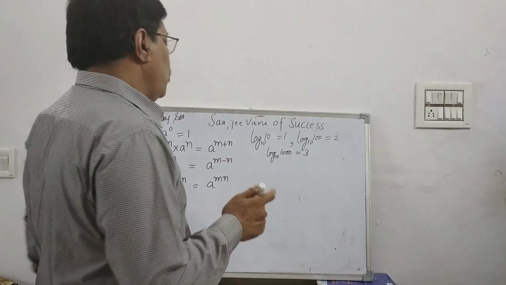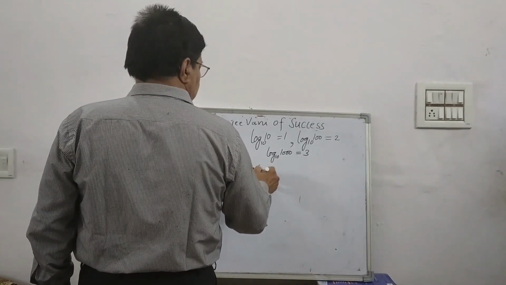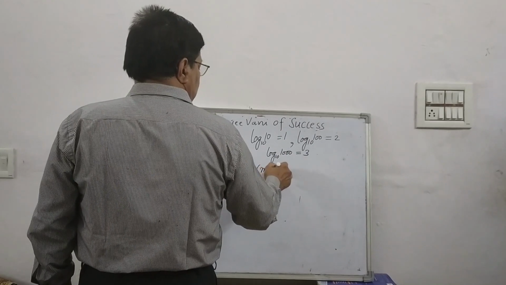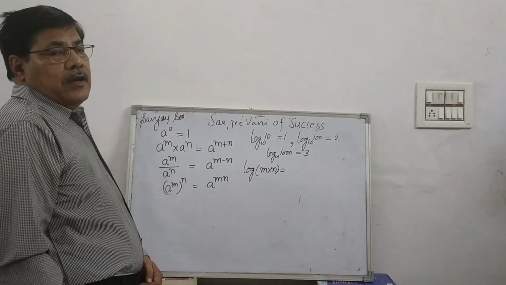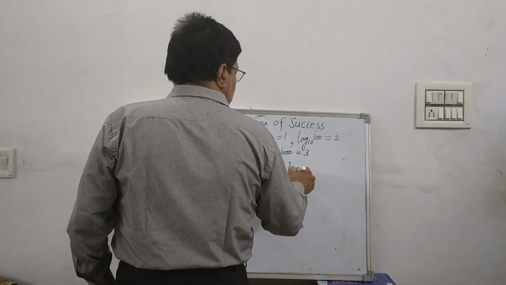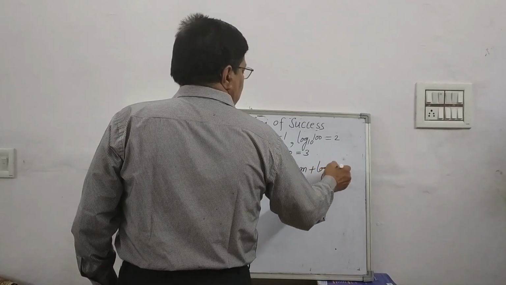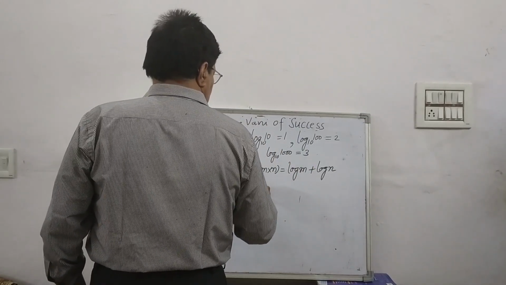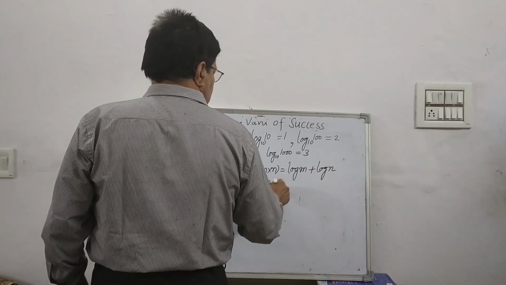Okay? Now do expansion. Log m into n. What will be there? Log m into n. It will be log m plus log n. Clear? Then suppose log m upon n is there.